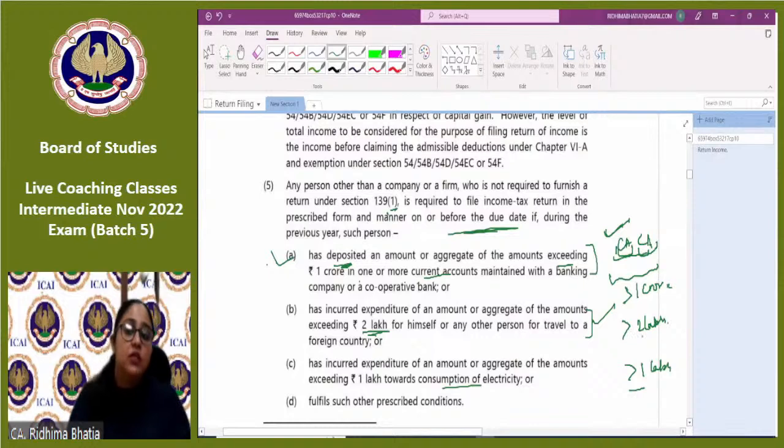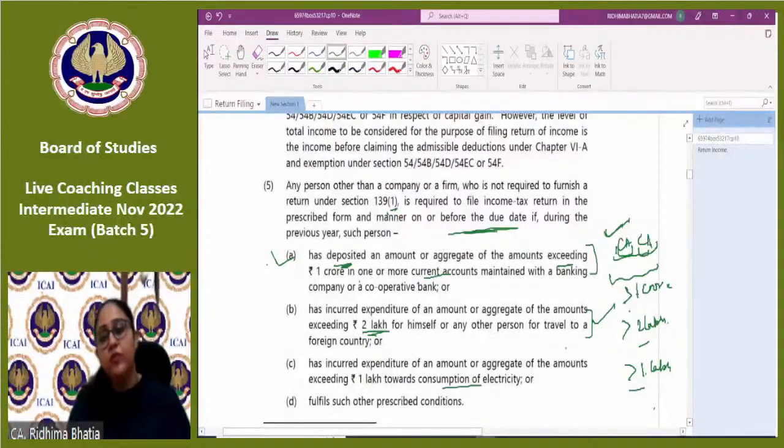This foreign travel expense, you can make it for yourself or for anyone. If any of these conditions is fulfilled, you have to file the return of income, even if you do not have income more than the basic exemption limit. Clear?